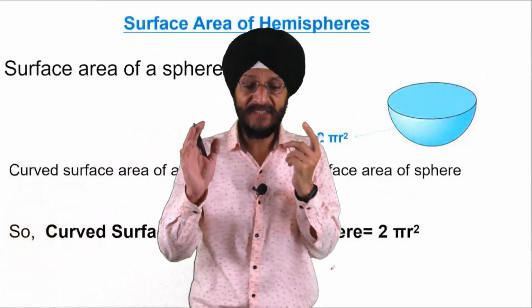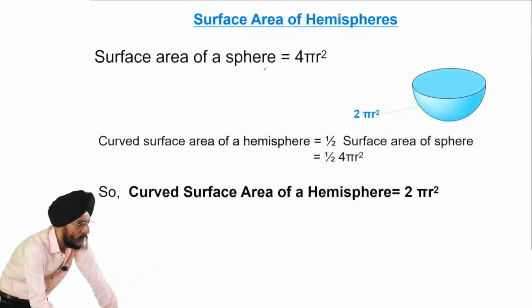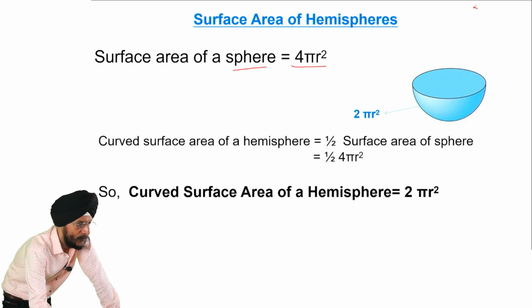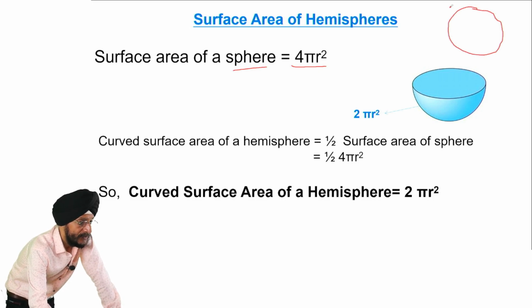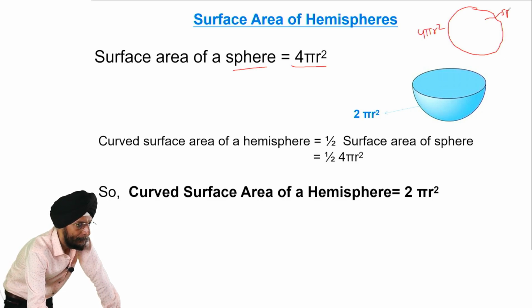Now, the surface area of a hemisphere. The surface area of a sphere is 4 pi r square. First of all, we take the surface area of a sphere, which is completely round, and its total surface area is 4 pi r square. This is a sphere.